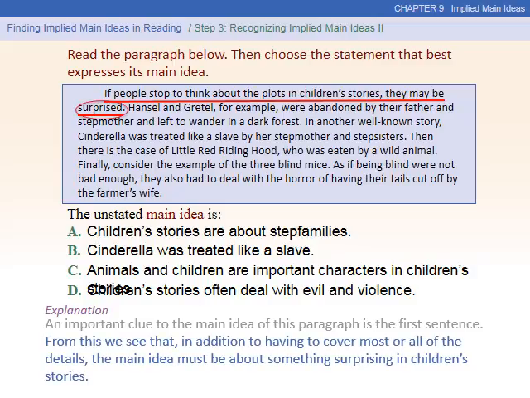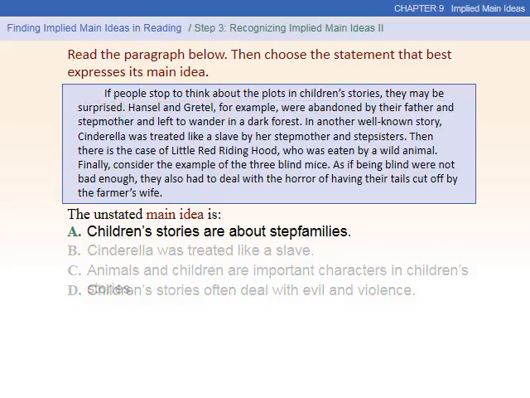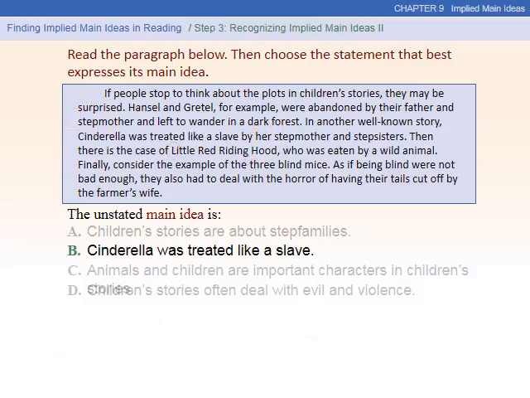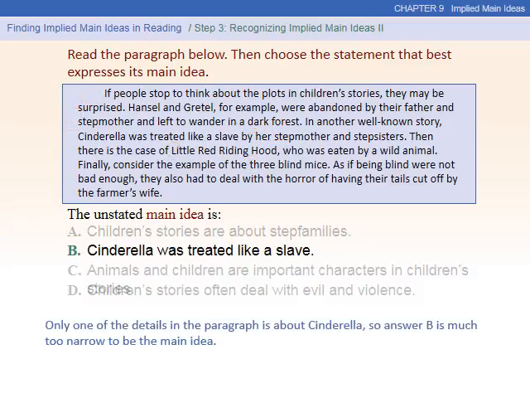We can keep in mind that these should be a surprising fact. The first one, as we said before, includes part of it, but not all of it, and it's also not that surprising. The second one is too specific, right? It's only about the Cinderella story.